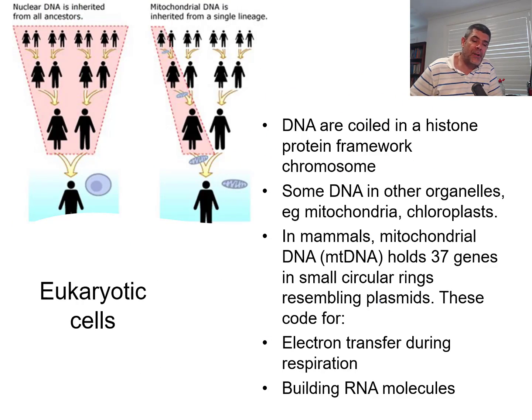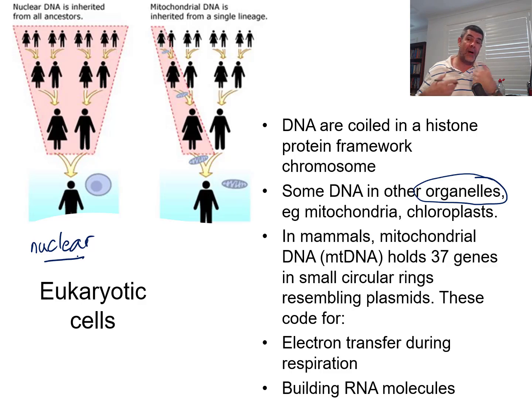When we look at the eukaryotic cells, of course, the key here is that we do have membrane-bound organelles, and because of that, there's an additional difference that we find that's critically important when we're studying eukaryotic cells. So we've got this nuclear DNA, and the nuclear DNA is the material that's been contributed by both parents.